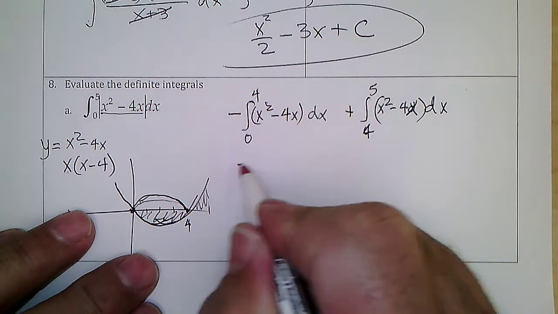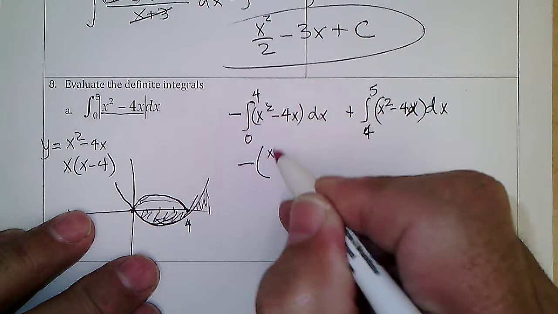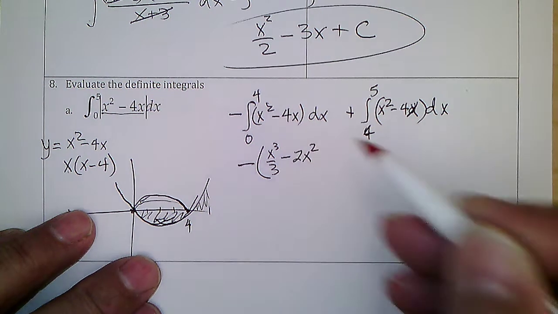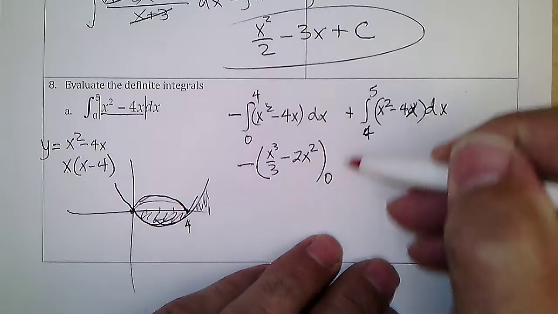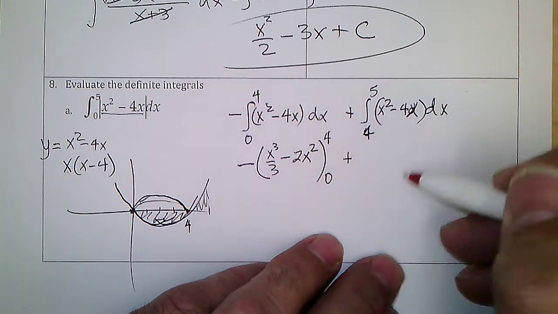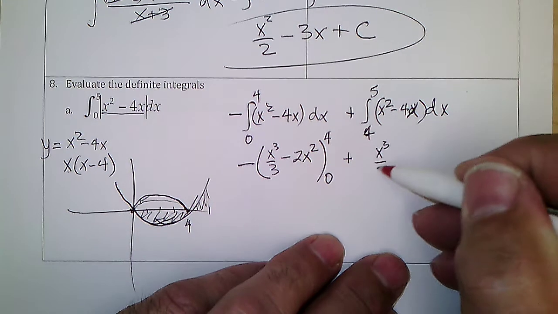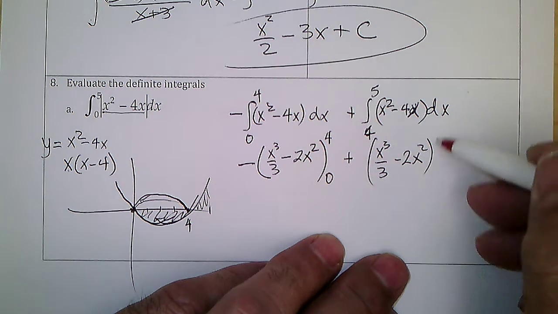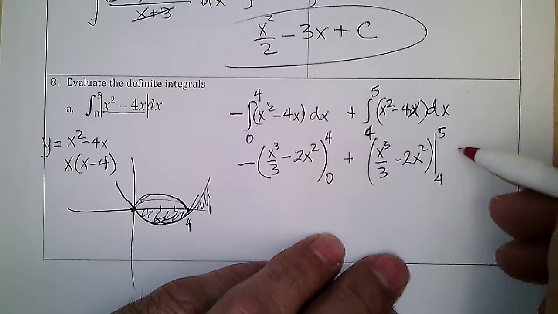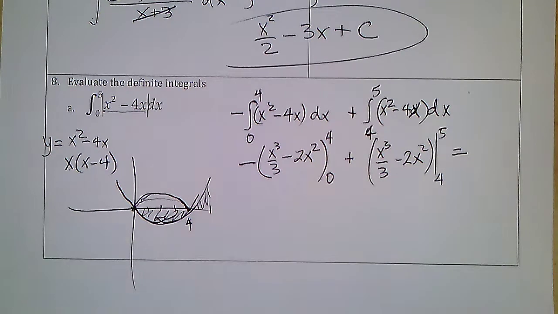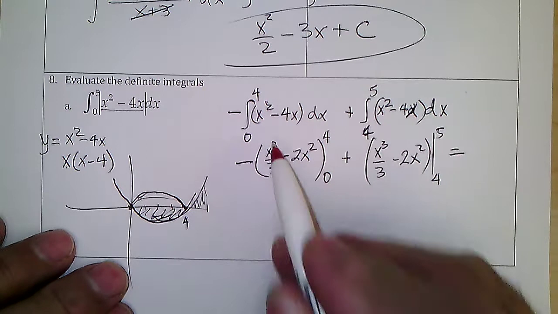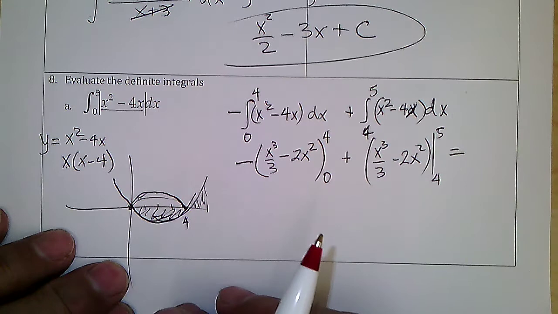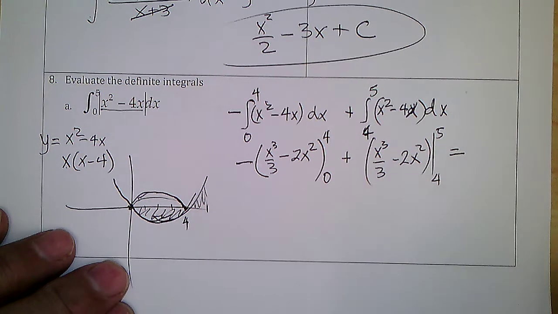And so we get minus x to the third over 3 minus 2x squared, evaluated from 0 to 4, plus x cubed over 3 minus 2x squared, evaluated from 4 to 5. So we get 4 cubed, which is 4, 16, 64, 256.